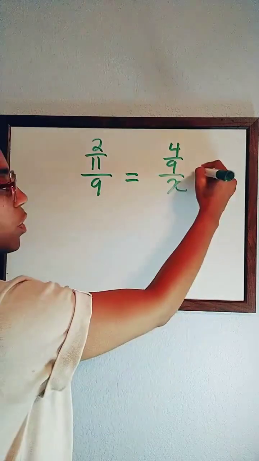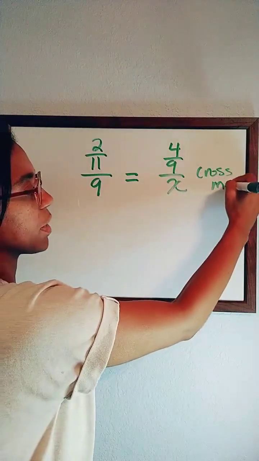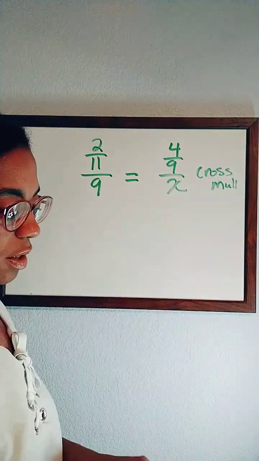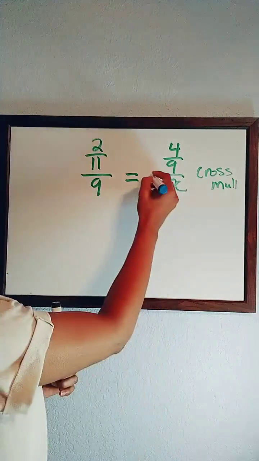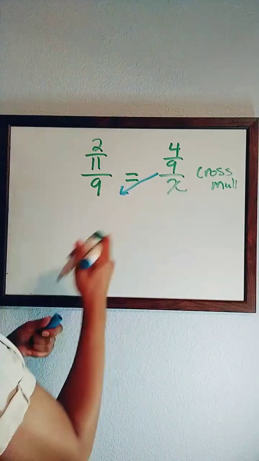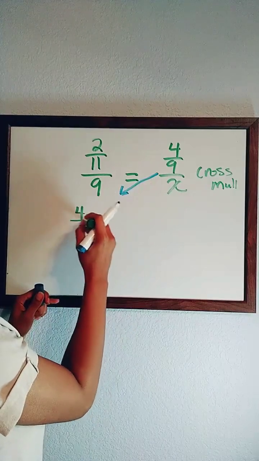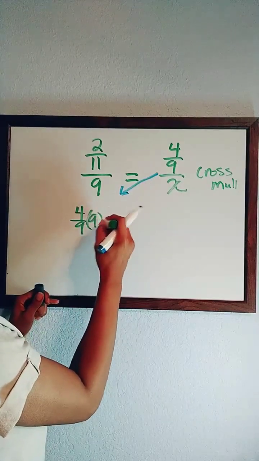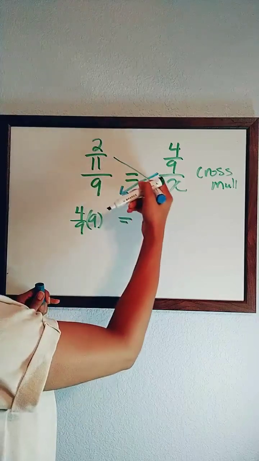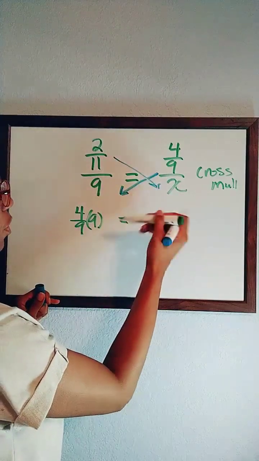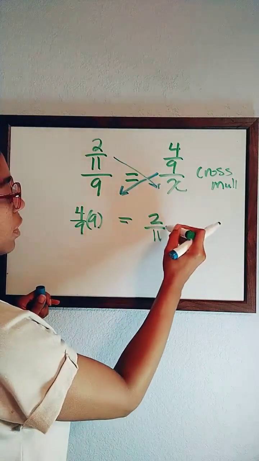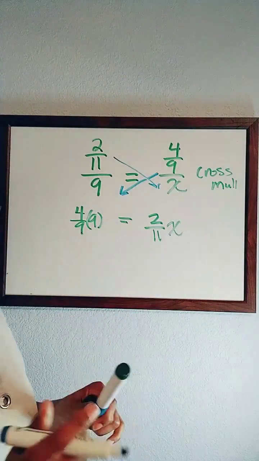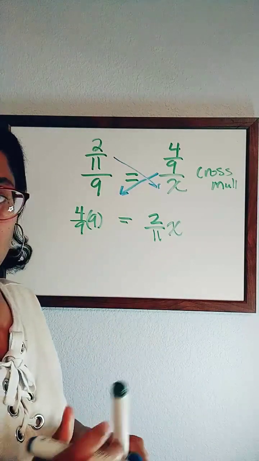Same thing, cross multiply. You're just setting it up and taking it out of the proportion, okay? Same thing. I'm going to do 4/9 times 9. So that'll be 4 over 9 times 9 is equal to 2 over 11 x. And then I just solve it. Just like that.